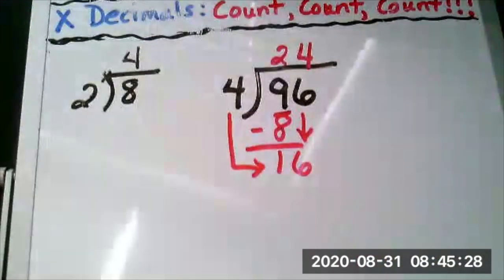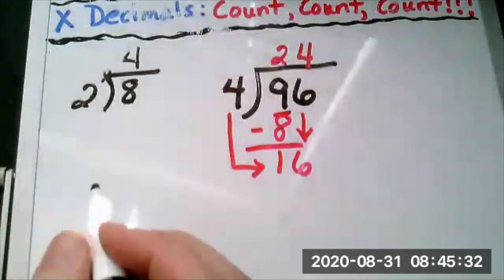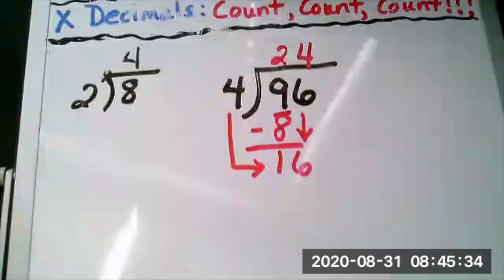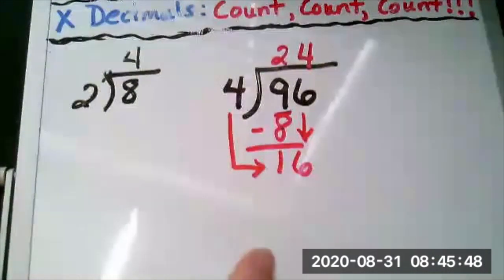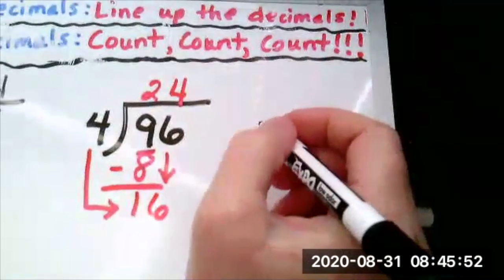All right, so on your whiteboards, if you grab your whiteboards and markers, please, I'm going to start off with a few division problems. I'm going to start with a small number and then we'll work up to larger numbers.